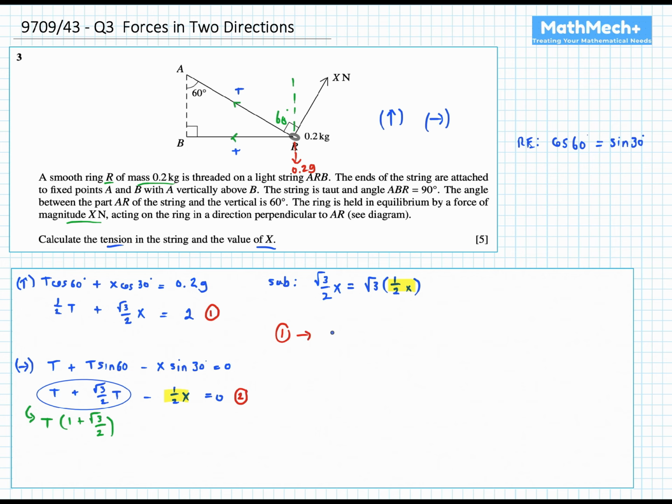Our first equation is half T plus root 3 over 2 X. Again, I've transformed that there a little bit.